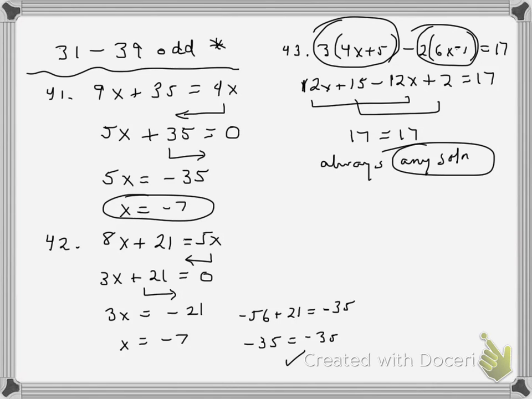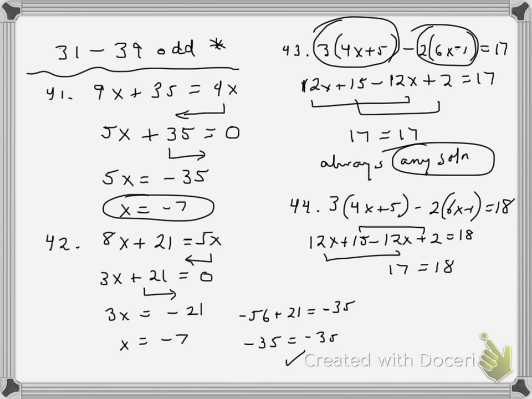Okay, and then let's do 44. Again, I'd like you to go ahead and try to solve it on your own, and then look at our answer together. Here is the problem. Go ahead and put it on pause so you do your distribution, gather your like terms, and see what this one comes up with. Again, we get a very odd answer. This time it is 17 equals 18.